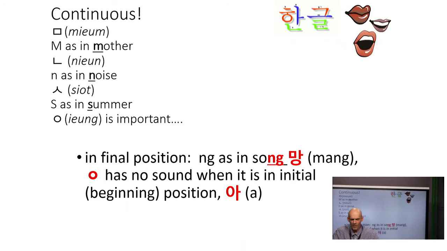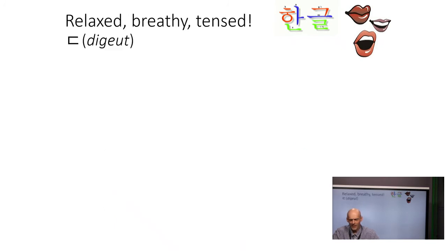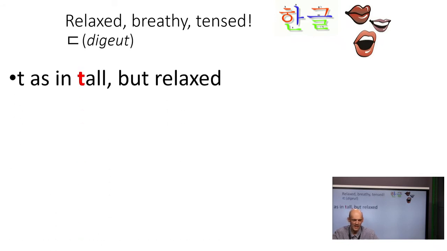Let's move on then to look at sounds that are formed in the same part of the mouth, that are on one hand relaxed, that are breathy, and then that are tensed. Starting off with the relaxed sound, digeut, which is pronounced as in tall. Dear, doll. It's like saying doll.